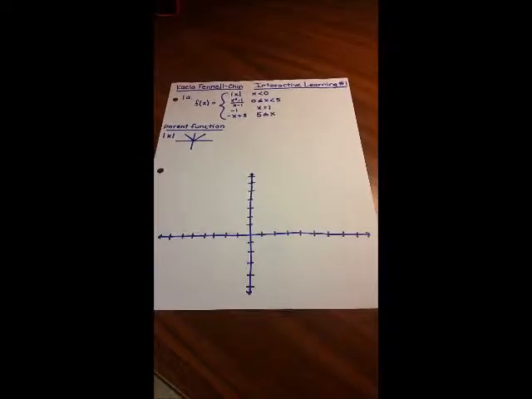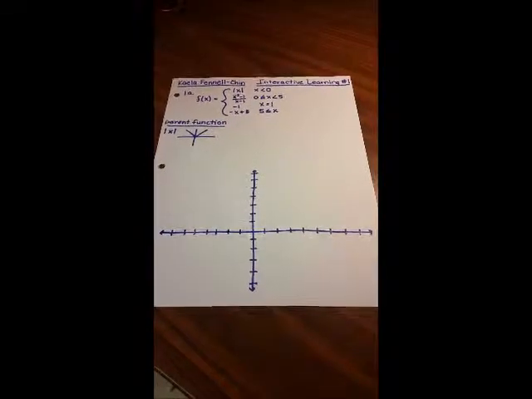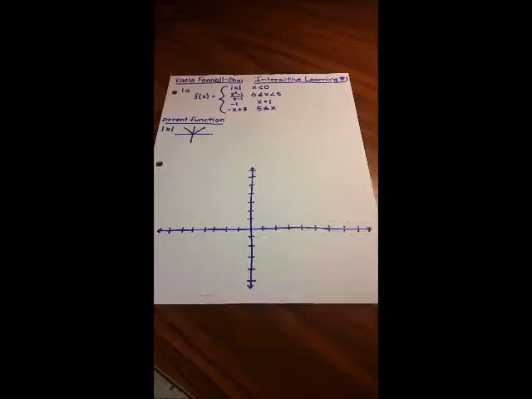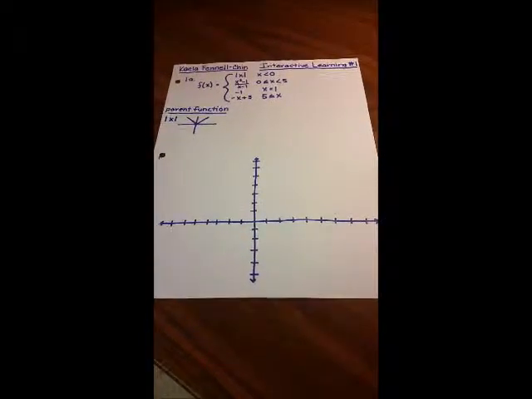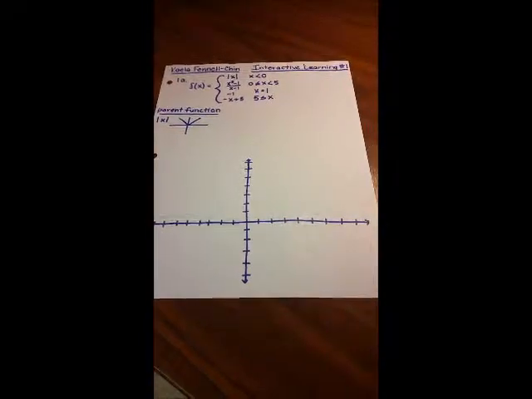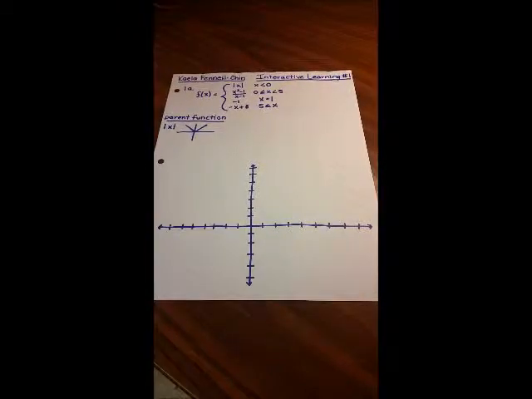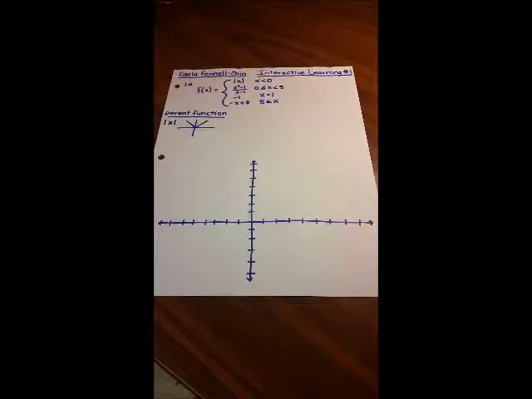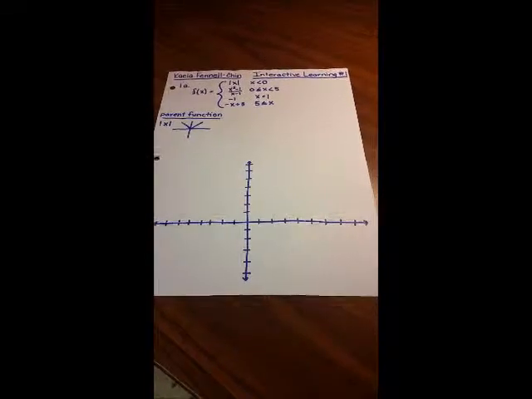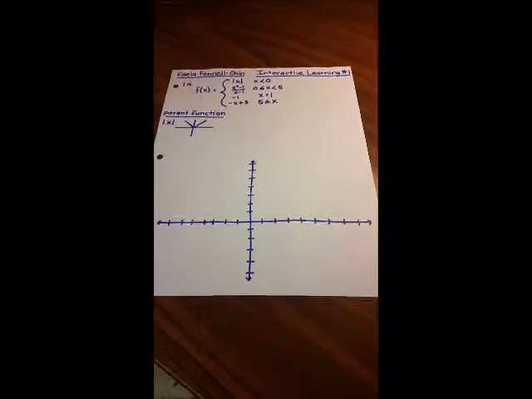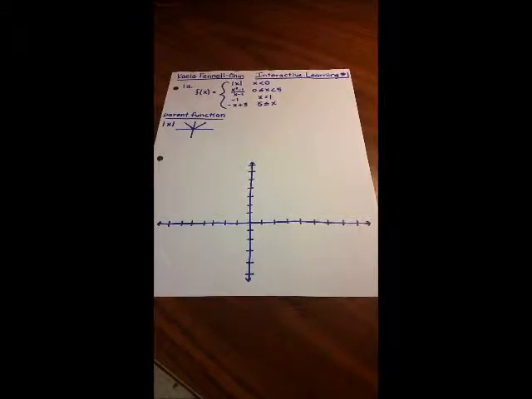Okay, so now that we know a little bit about our parent function that we're going to have to use, and about a little bit of algebra with the less than or equal to signs, we can start graphing our function. So first we're going to look at the absolute value of x. Since it says that x is less than 0 where it is the absolute value of x, that means at that point 0 it is not necessarily part of that graph.